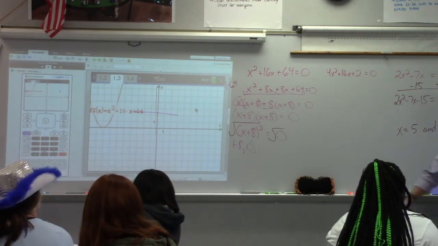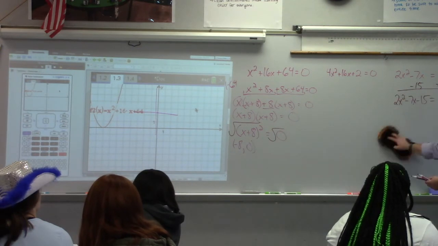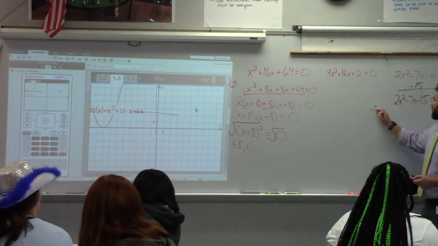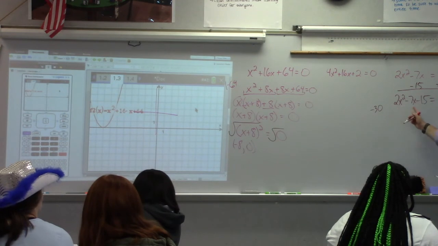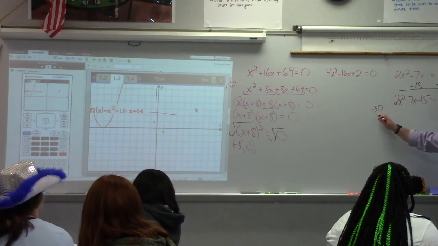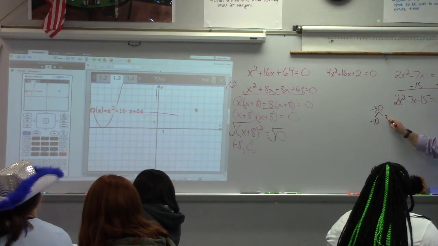We could have factored it. 2 times -15 is -30. What factors of -30 add up to -7? I think one of them needs to be negative though, right? -10. You could have factored that one, right?